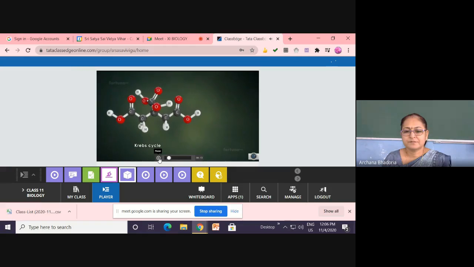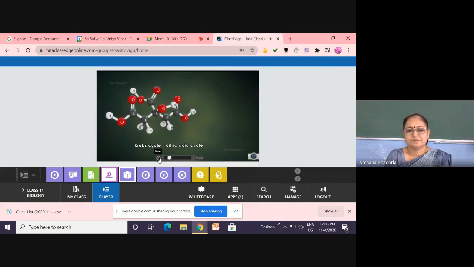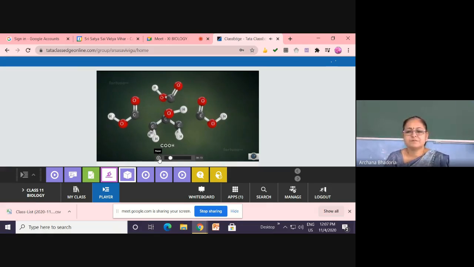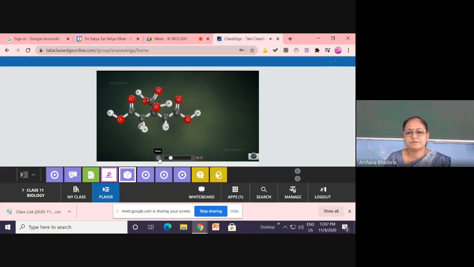The Krebs cycle is also known as the citric acid cycle, because citric acid is the first compound it produces. Citric acid is a carboxylic acid containing 3 COOH groups. For this reason, the cycle is also referred to as the tricarboxylic acid cycle, or TCA cycle.